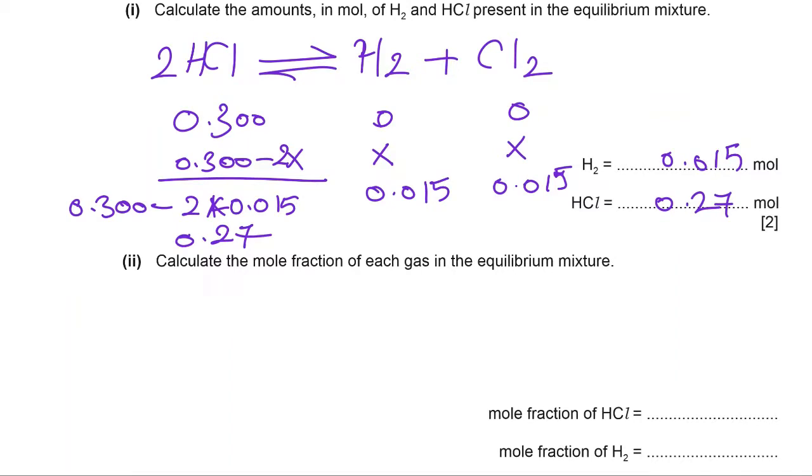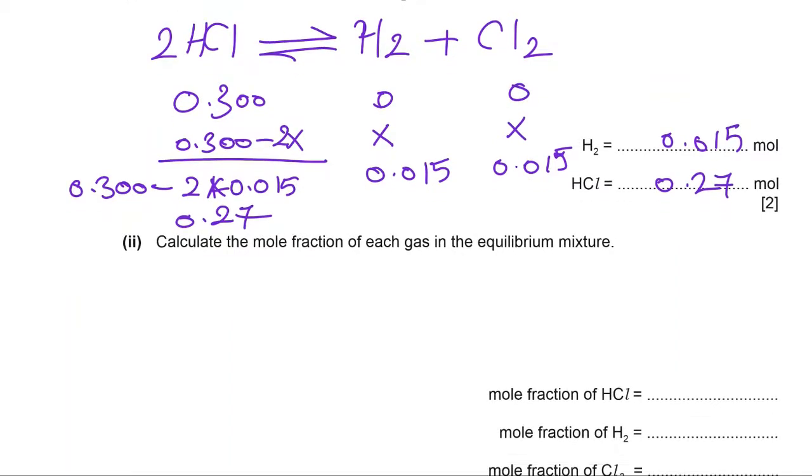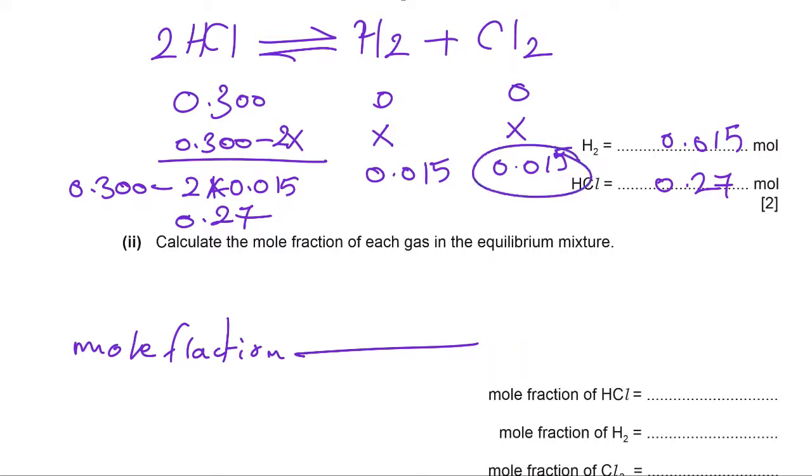Now calculate the mole fraction of each gas in the equilibrium mixture. Mole fraction, that means at equilibrium, how many moles in total? The total number of moles is actually 0.3, because 0.015 plus 0.015 plus 0.27 is 0.3.